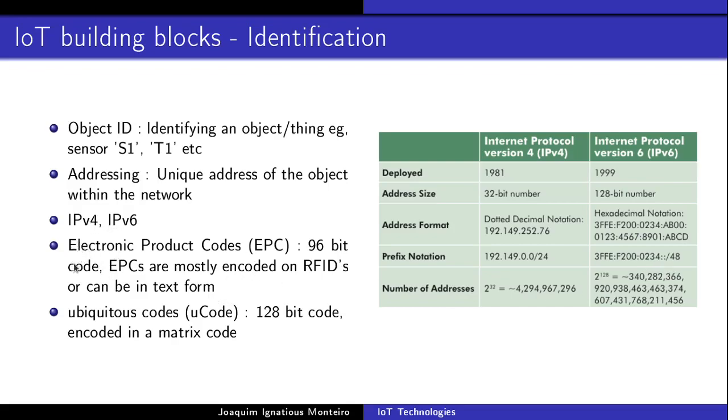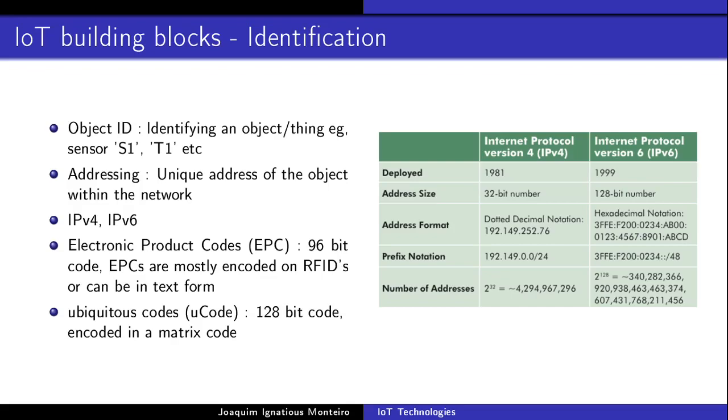Then again, electronic product codes. Electronic product code is a 96-bit code, and it can be linked with an RFID, or it could be just in text format. So whatever your FASTags, all those things would have a unique code linked with them. That's why your vehicle tag ID, the FASTag which you use on your highway, is becoming important.